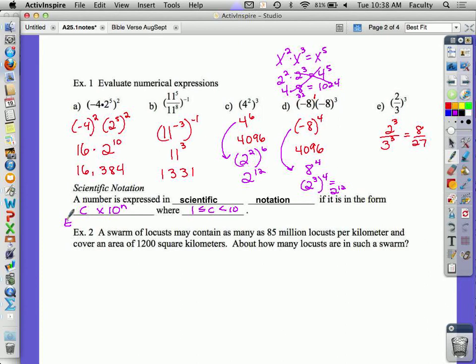So, let me give you 2 examples and 2 non-examples. And when I get to the non-examples, I want you to tell me why it doesn't work. So I could have 2.1 times 10 to the negative 2. That's an example. I could have 9.87 times 10 to the 5th.